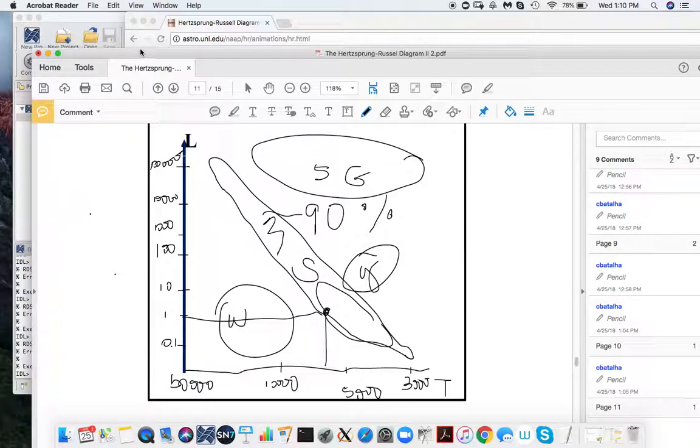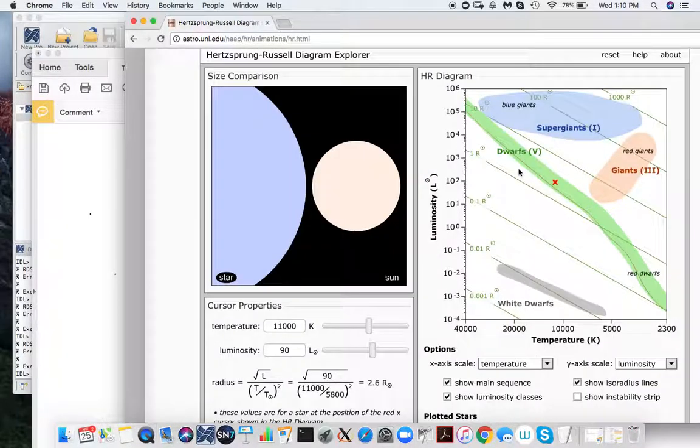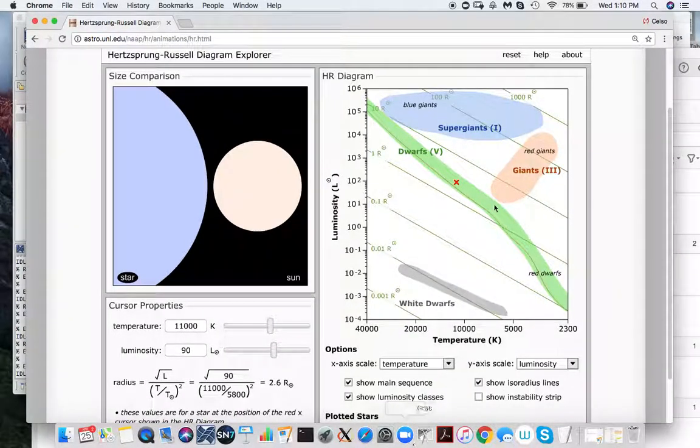Now the end of this handout is to certainly explore the instability stripe. See this red region over here? In this region, some stars undergo pulsation.